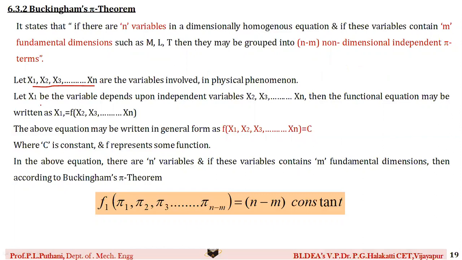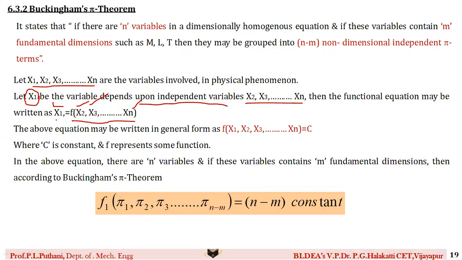Out of that, suppose x1 is a dependent variable, and it depends upon the other variables, that is x2, x3, so on up to xn. So generally we write this as an expression: the dependent variable x1 is a function of x2, x3, so on to xn, which means these variables x2, x3, so on to xn are independent variables and are responsible for getting the value of the dependent variable x1.